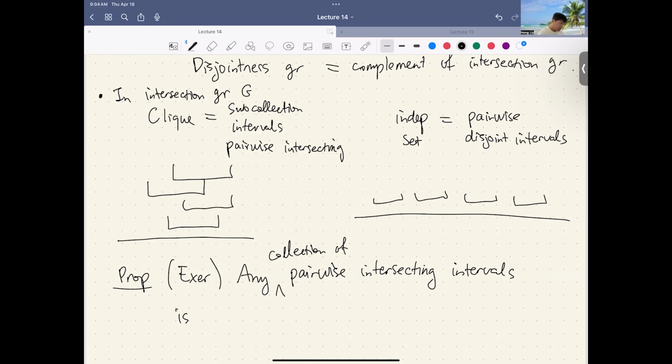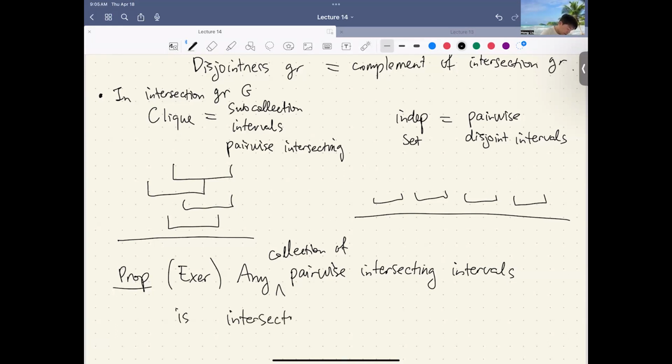I should use singular is or plural are; it seems like the object is singular, so maybe is. So any collection of pairwise intersecting intervals is commonly intersecting.